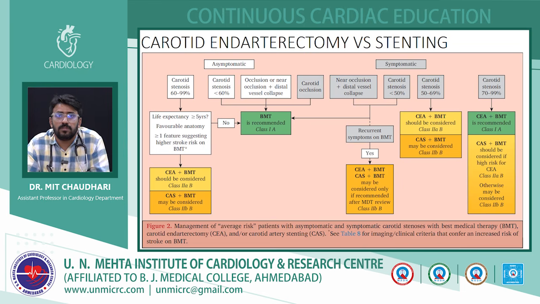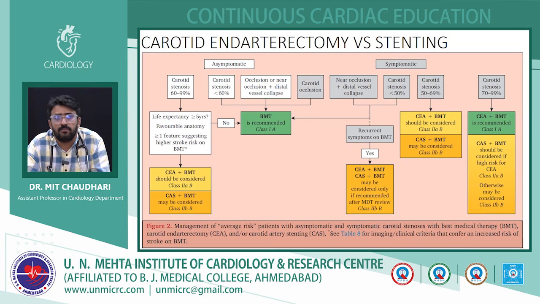So this slide shows the recommendation for carotid endarterectomy versus stenting. In an asymptomatic patient who has stenosis in the range of 60 to 70% or more, if life expectancy is 5 years or more, or there is favorable anatomy, and one of the risk factors for high risk of stroke despite giving best medical therapy, the best medical therapy in such patients is dual antiplatelet and/or single antiplatelet or statin therapy, and also controlling risk factors like hypertension and diabetes.